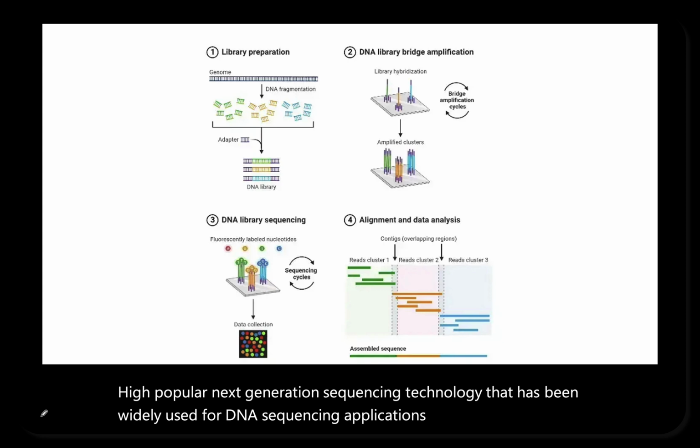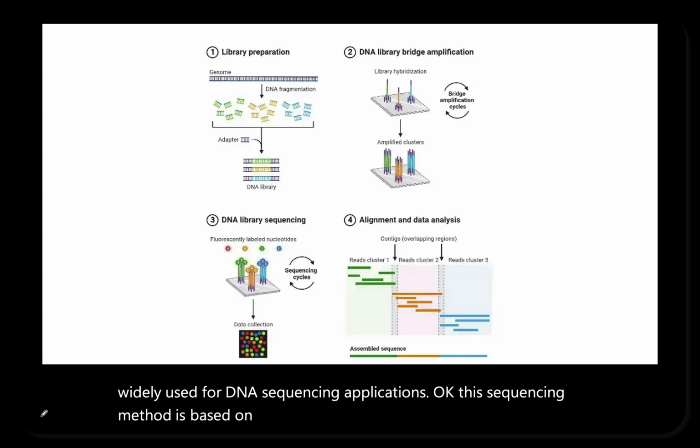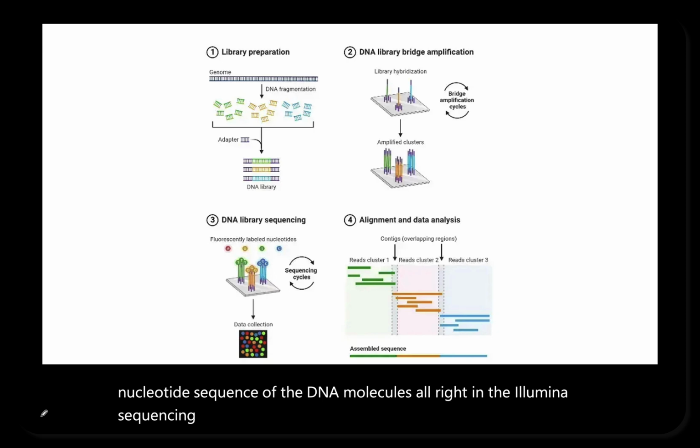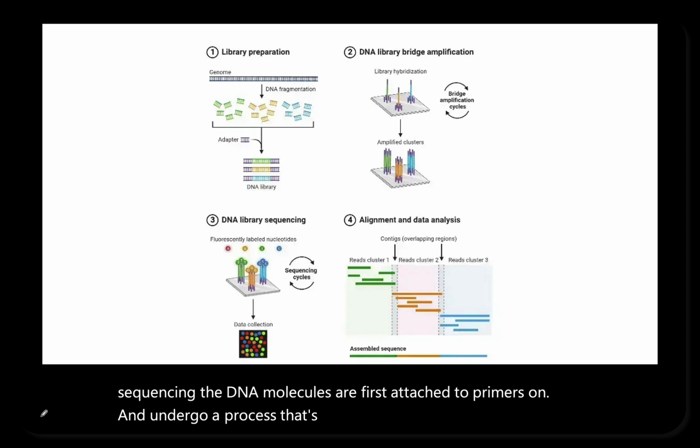This sequencing method is based on the use of dye terminators to determine the nucleotide sequence of the DNA molecules, all right? In the Illumina sequencing, the DNA molecules are first attached to primers on a slide and undergo a process that's called bridge amplification, okay?